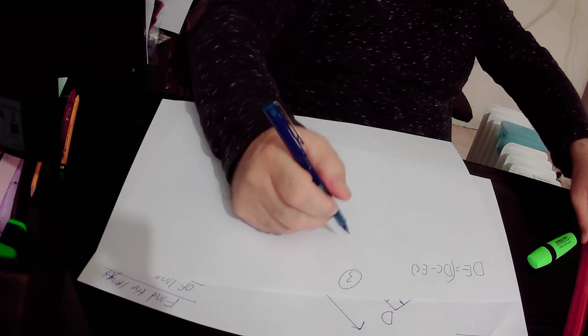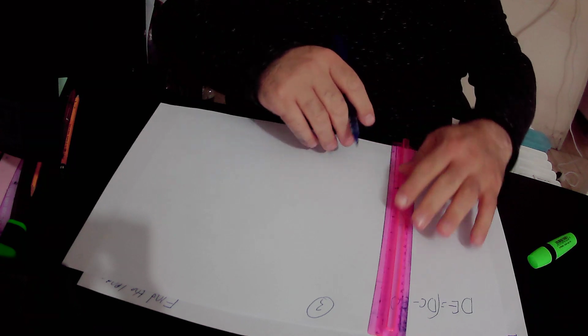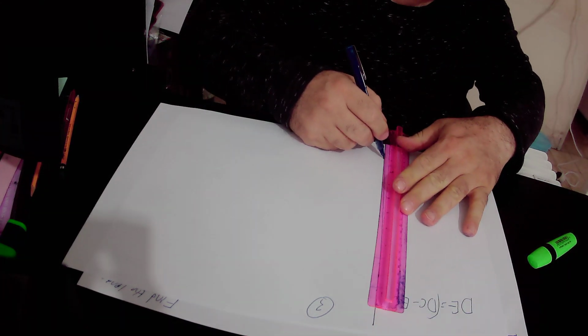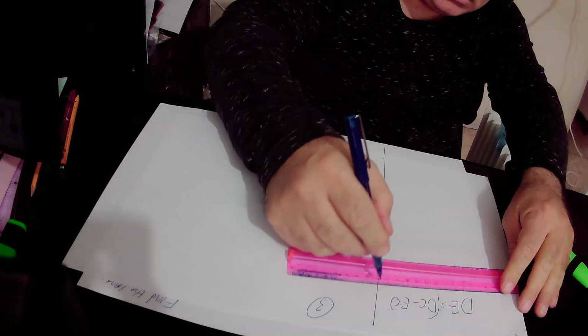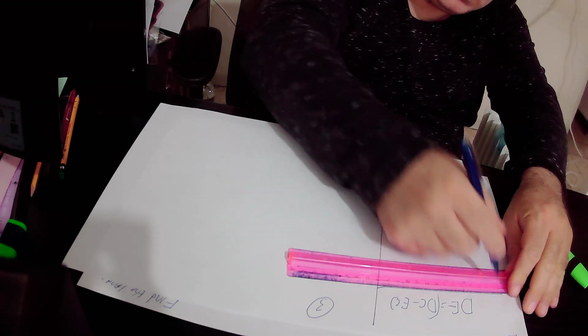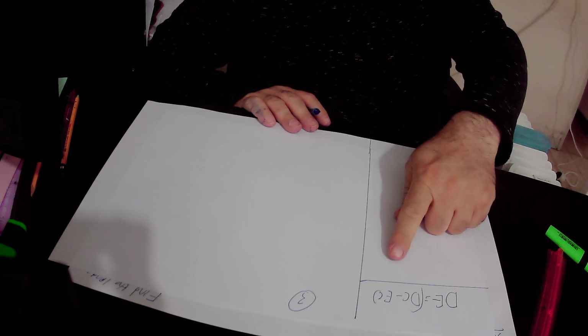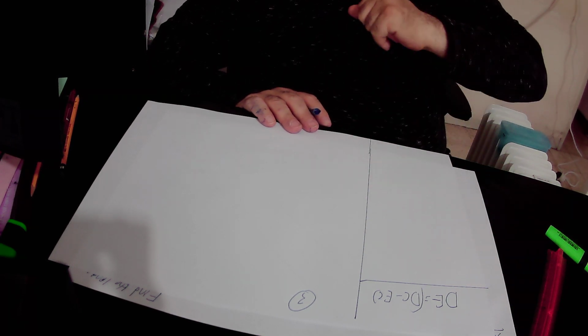DE equals DC minus EC. I repeat again that DE equals DC minus EC. It is very easy to see it from the drawing.